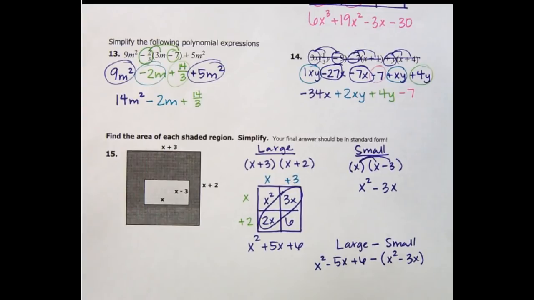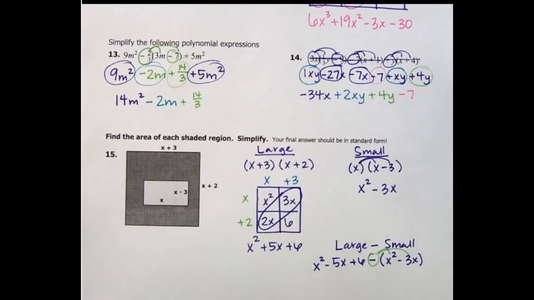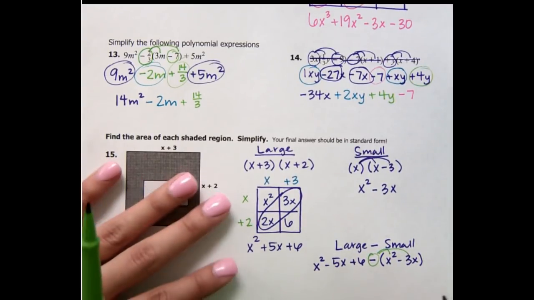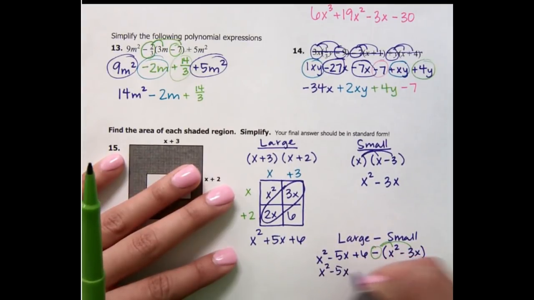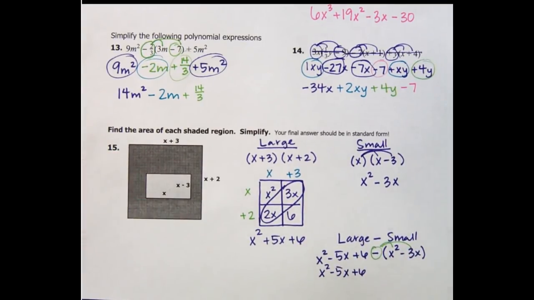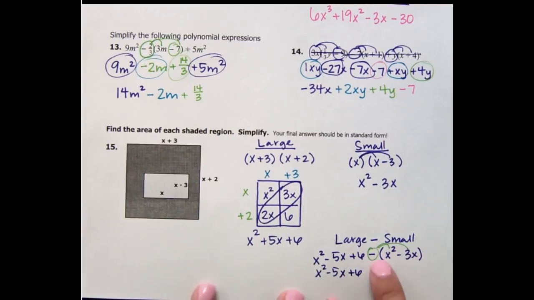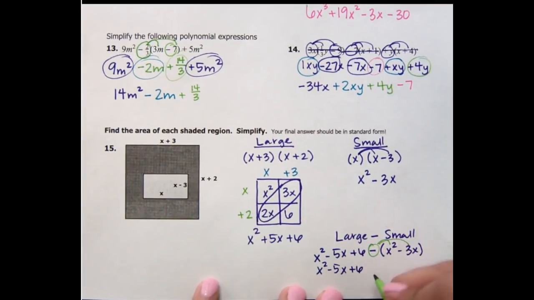Well, we saw from the previous examples that if we have a negative in front of the parentheses, we have to distribute. So the first part is going to stay the same. x squared plus 5x plus 6. But the second half is going to change because I have to distribute that negative. So negative or minus times x squared is minus x squared. A negative times a negative is a positive 3x.